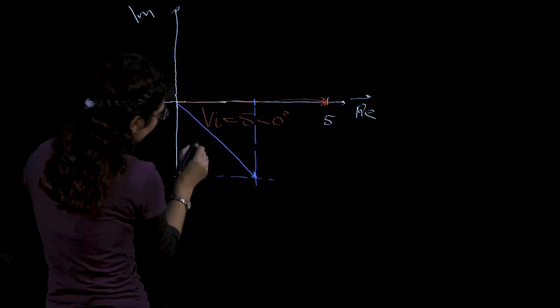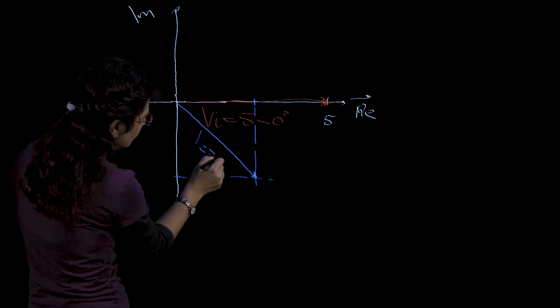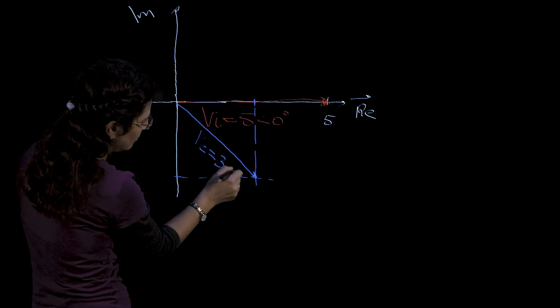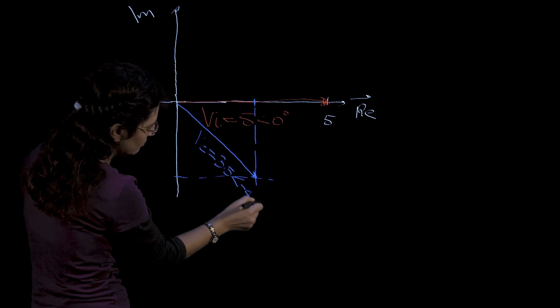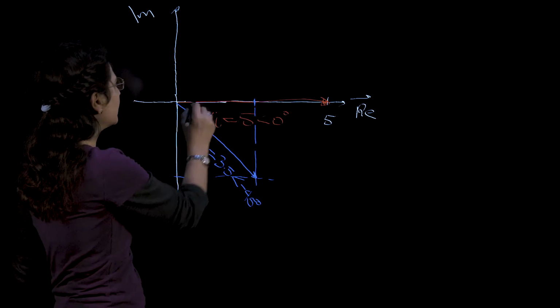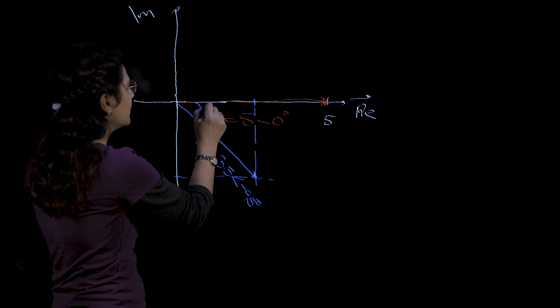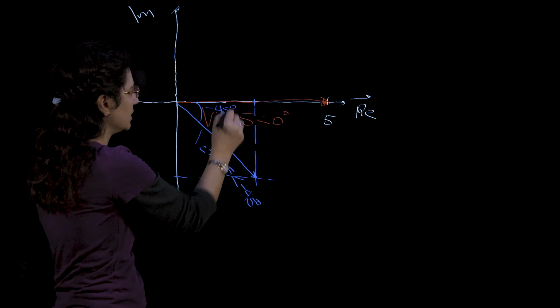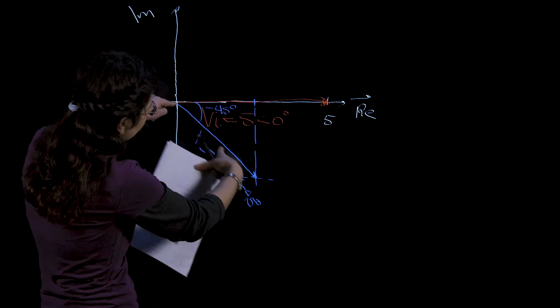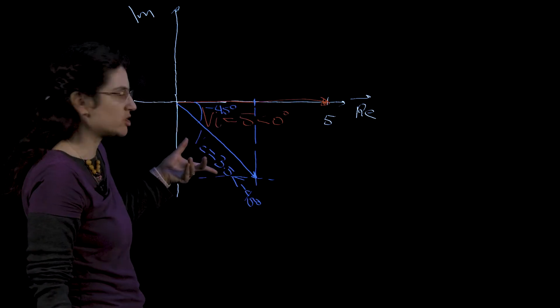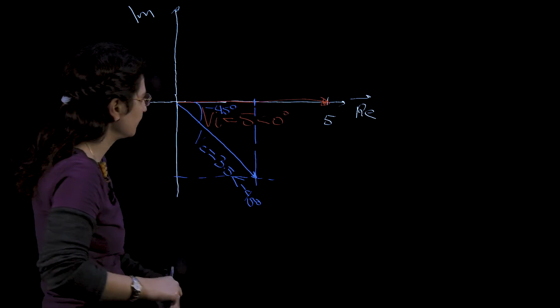So I have here the voltage in the capacitor, which is 3.5 at minus 45 degrees. So note here that it is a minus 45 degrees angle. And the length of this vector is its magnitude, which is 3.5 volts.